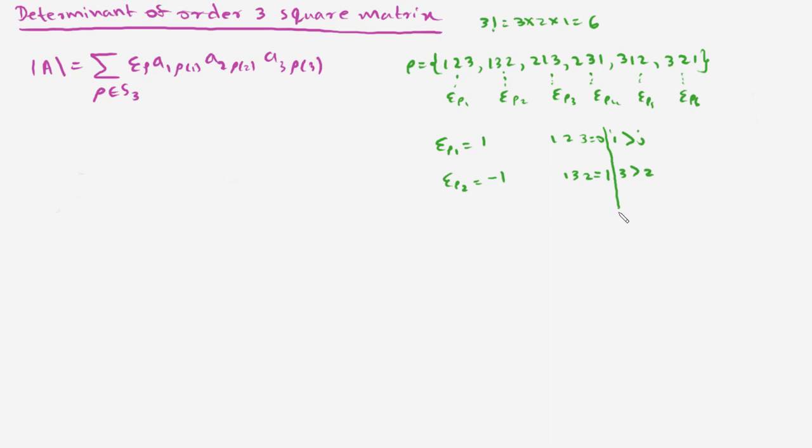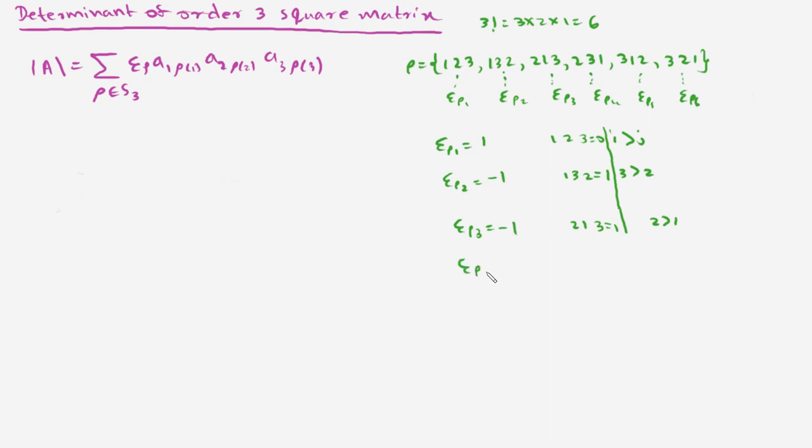So likewise, for row 3, 2 1 3, 2 precedes 1, and that's it. There is again an odd number of preceding count, so only 1, which means again -1.